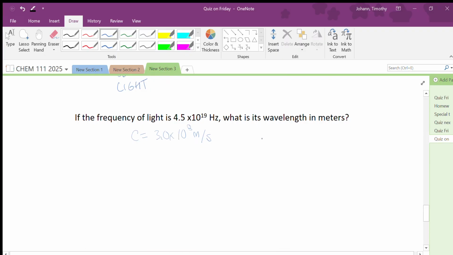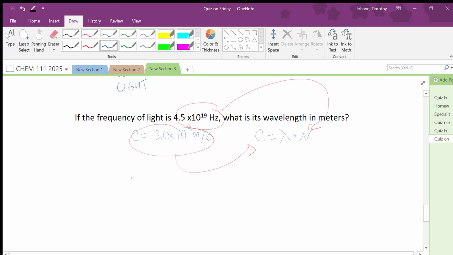All right, and so let's remind ourselves our equation: the speed of light is equal to the wavelength times the frequency. I was told what the frequency was, right? There's my frequency, that's going to go here. There's my speed, that's going to go there, and I'm going to solve for my wavelength.